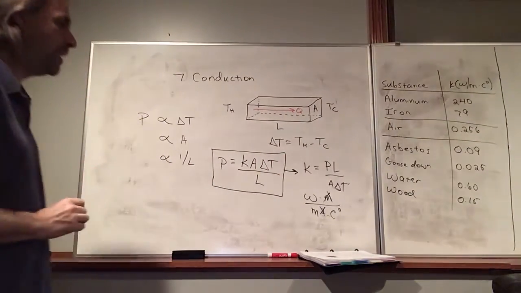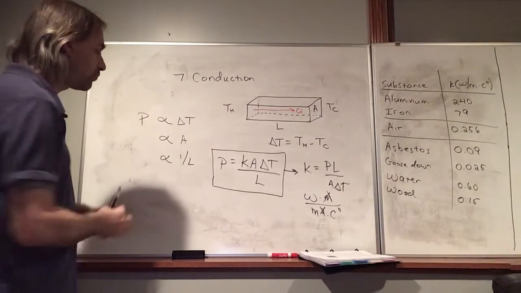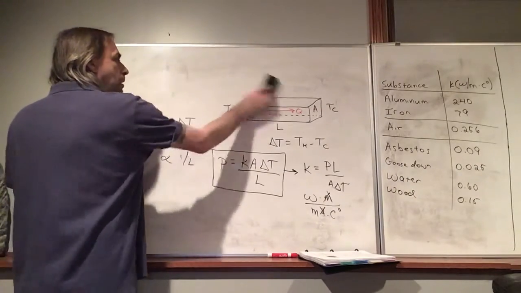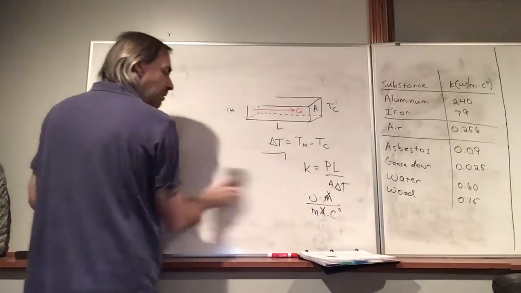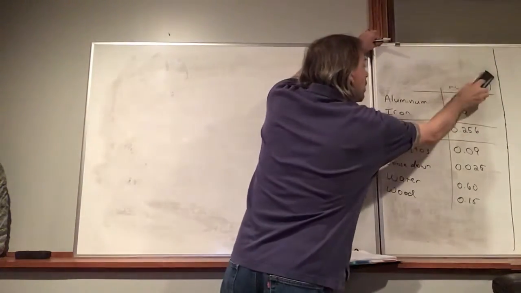And I want to do an example here. So I'm going to clear the board. We'll write down what we need. I think I'll write down that equation over here.